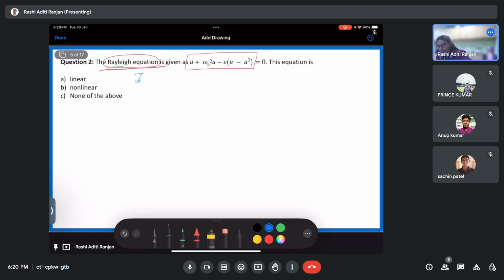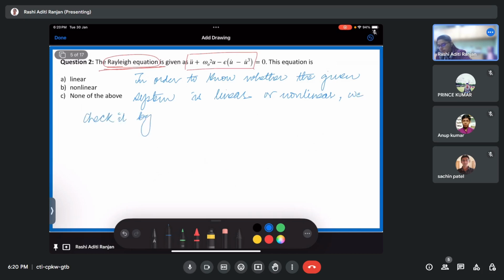In order to know whether the given system is linear or nonlinear, we check it by using the superposition rule.